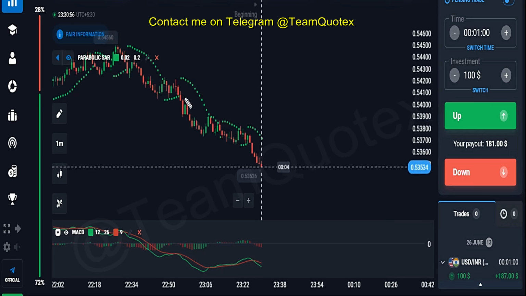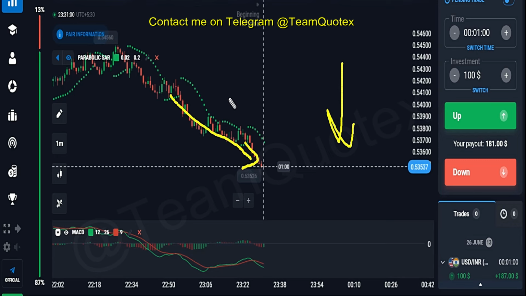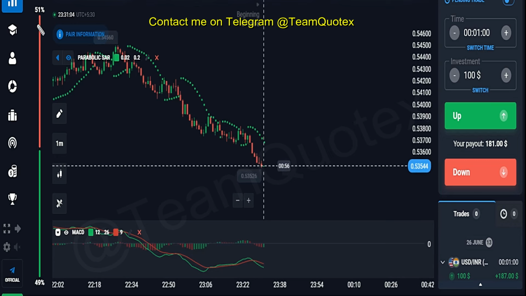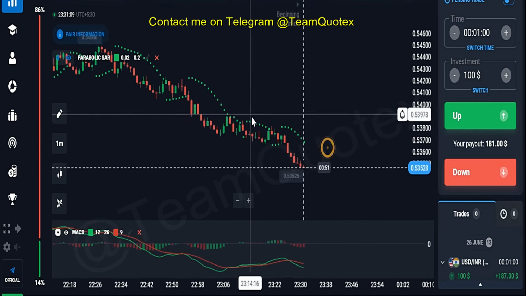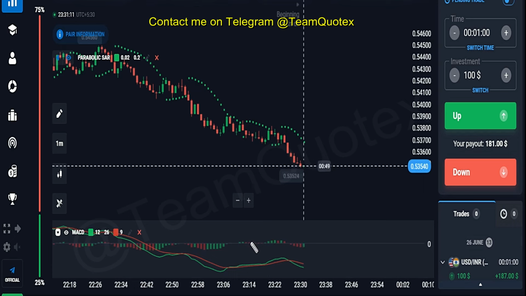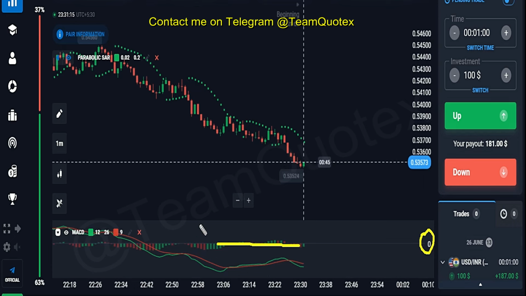So parabolic is confirming that the market trend is in a down direction because the position of these dots is above the price. And what confirmation do we need from MACD? This is your zero line, and there are 2 lines, green and red.